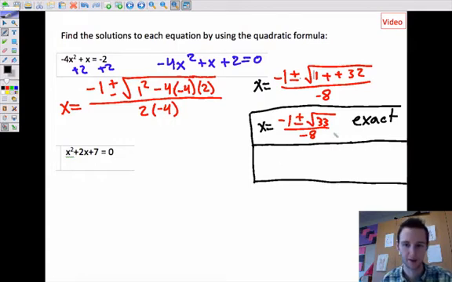So the first thing I'm going to do is square root of 33 as a decimal. That's about 5.74.